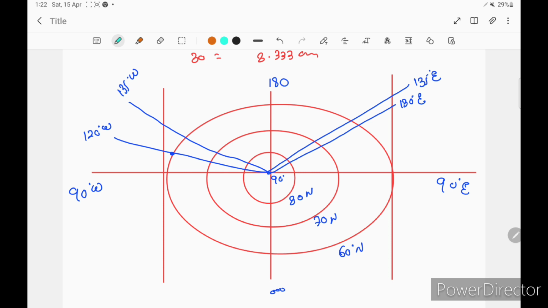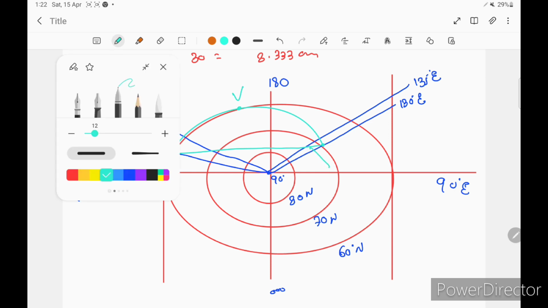To 70 degree 130 degree east, so from here to 130 degree east, somewhere here. So this is the vertex.